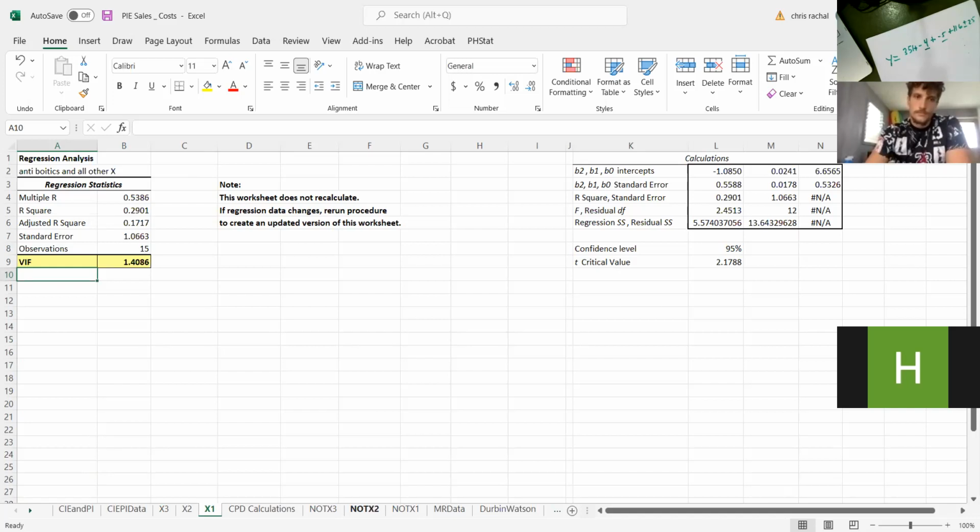And so I'm going to look back at the VIFs again. A VIF is if you're double counting data, right? Imagine I'm looking at antibiotics, and I'm looking at subgroups of antibiotics, like a Z-Pak versus erythromycin.